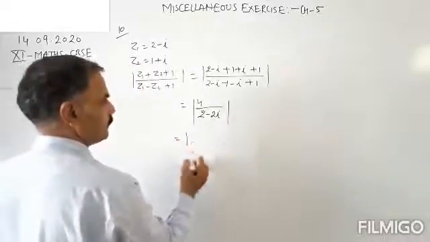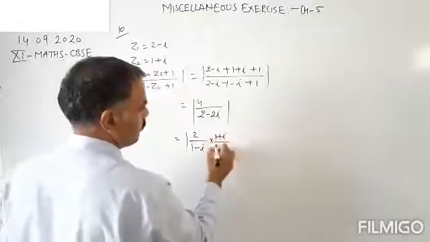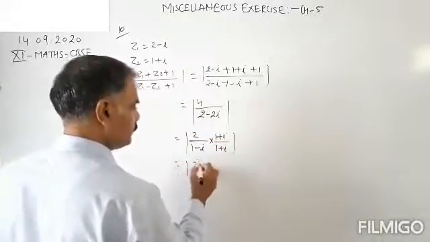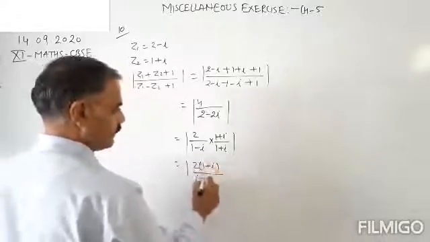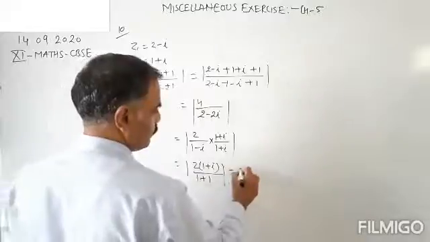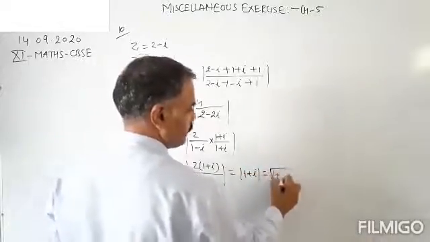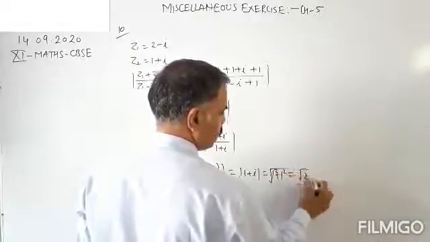This equals 2 upon 1 minus iota, multiplying by 1 plus iota upon 1 plus iota, equals 2 into 1 plus iota upon 2, that is magnitude of 1 plus iota, which equals under root 1 square plus 1 square, equals under root 2.